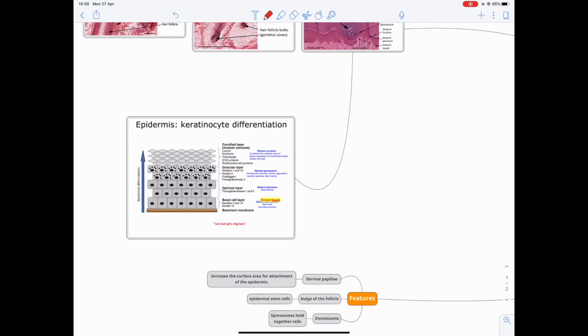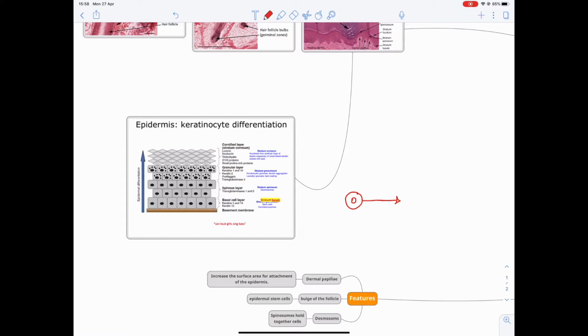Now, beginning with stratum basale, these are stem cells which show asymmetric mitosis or asymmetric differentiation, which means that one cell goes on to differentiate and become a part of the spinous layer here.